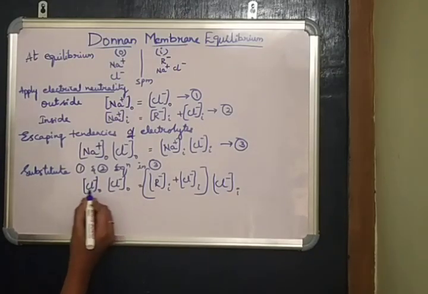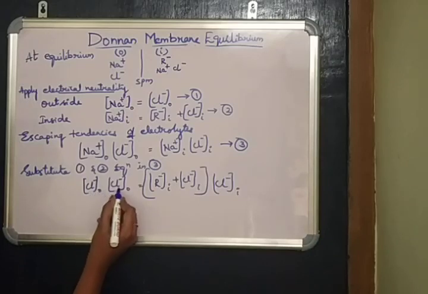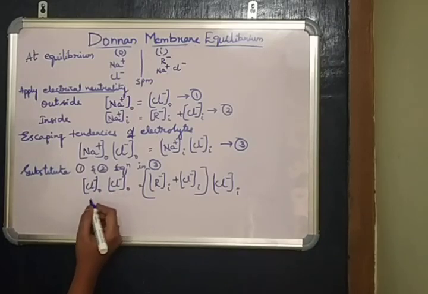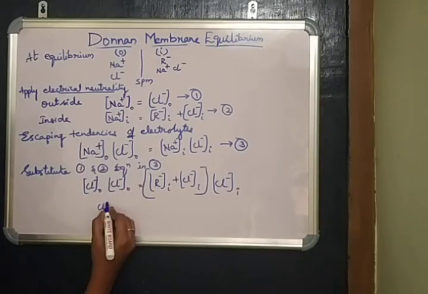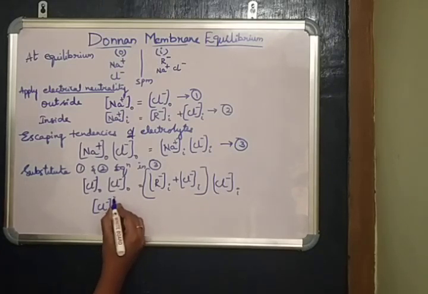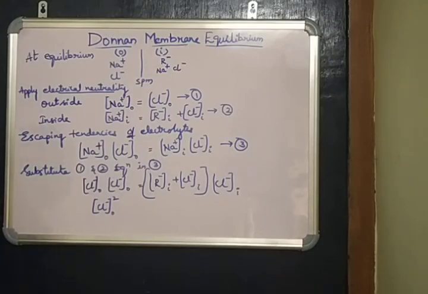Cl minus outside multiplied by itself gives the concentration of Cl minus outside square.